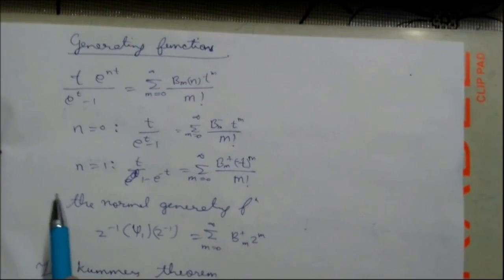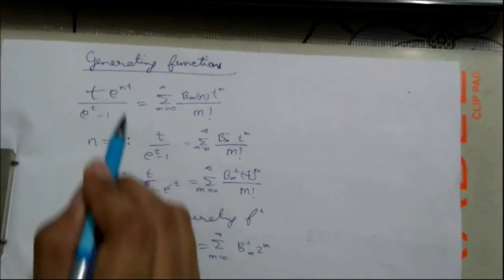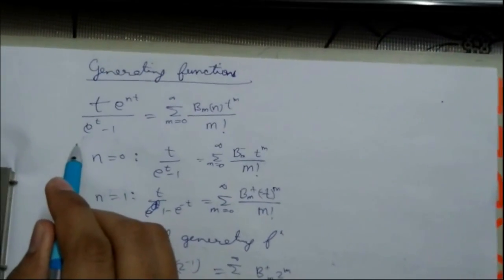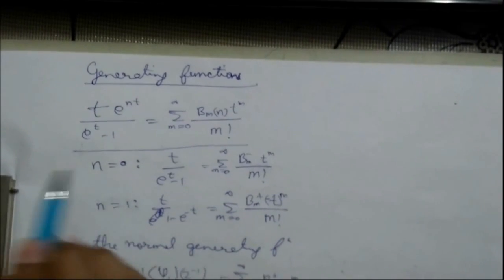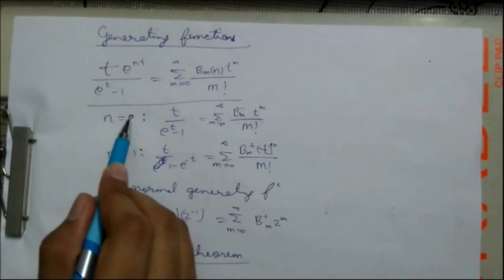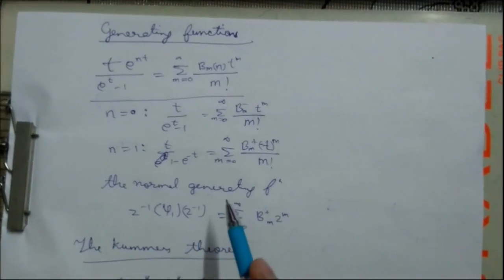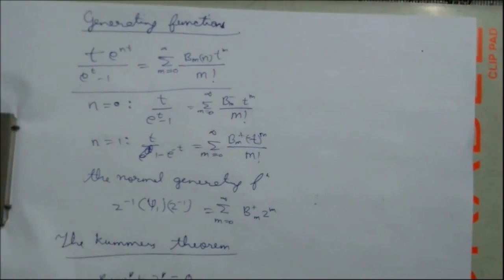This is the definition of Bernoulli numbers using generating functions. This is the first general form, and then as customary, the declaration for the first and the second elements. Here also we can see the alternating behavior of positive and negative signs.